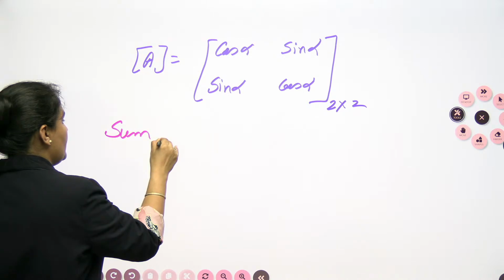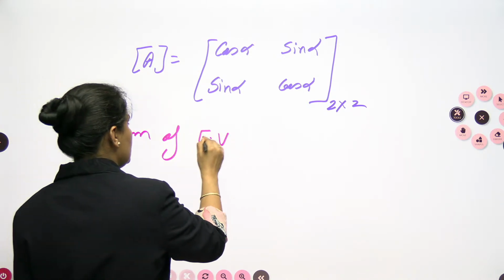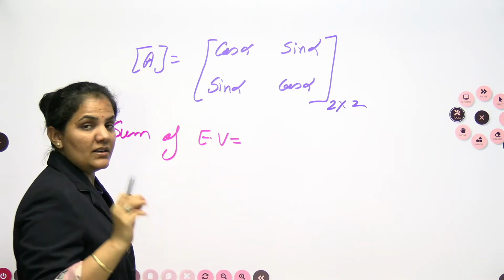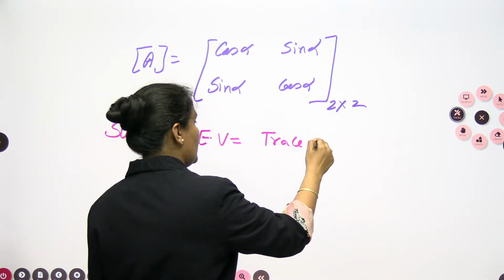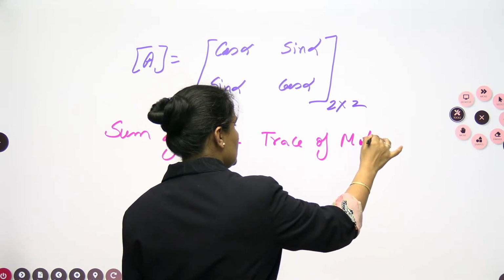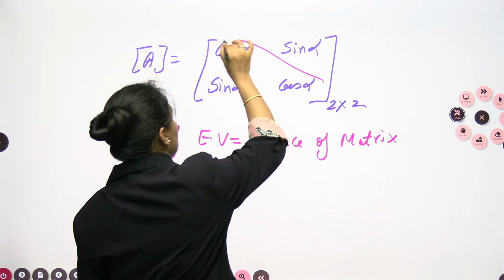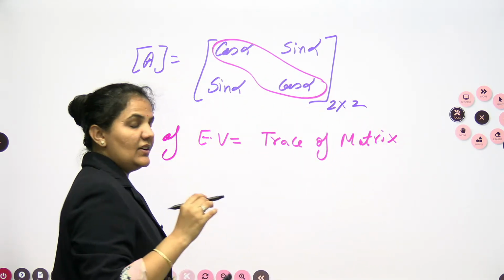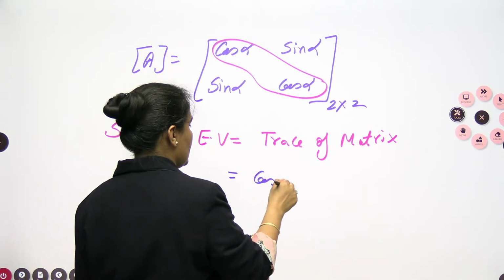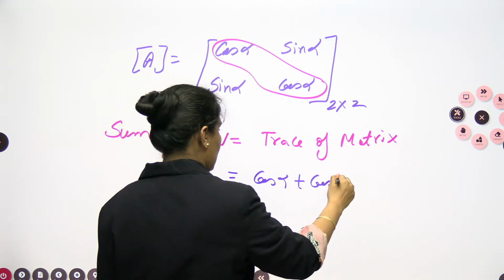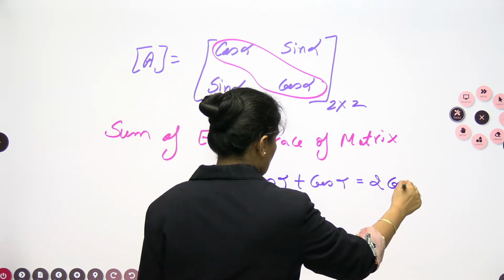Beta, the sum of eigenvalues is nothing but the sum of the principal diagonal elements, meaning the trace of the given matrix. So I will add only these two elements and it will give me the sum of my eigenvalues. So it will be cos alpha plus cos alpha, which is 2 cos alpha.